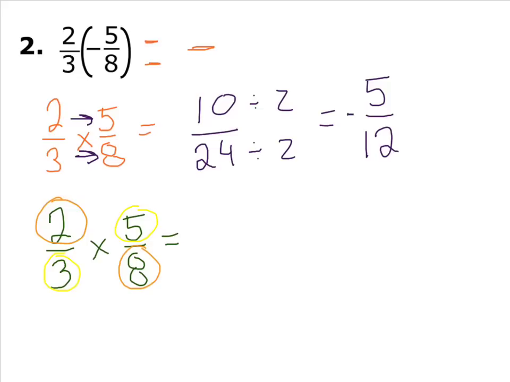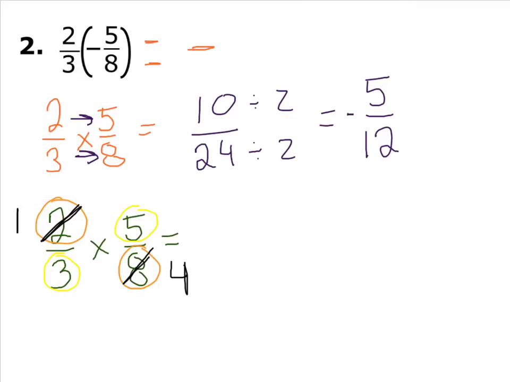I notice that the 3 and the 5 cannot go into each other. However, 2 and 8 can, because 2 goes into both 2 and 8. So I can cancel before I multiply. I can divide both these numbers by 2. So 2 divided by 2 is 1, so that 2 becomes a 1. And 8 divided by 2 is 4, so that 8 becomes a 4.